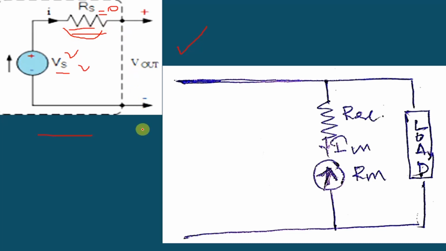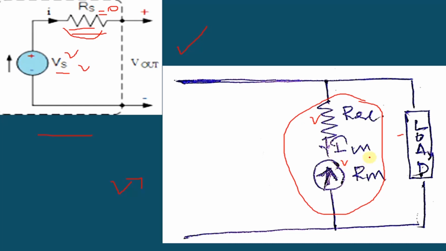Okay, so now come to the ideal voltmeter. So this is the figure of an ideal voltmeter. See, this is the voltmeter which is connected in parallel to the load, because a voltmeter is always connected in parallel to a load to calculate the voltage across it. Here you can clearly see a high resistance is connected in series to the galvanometer.